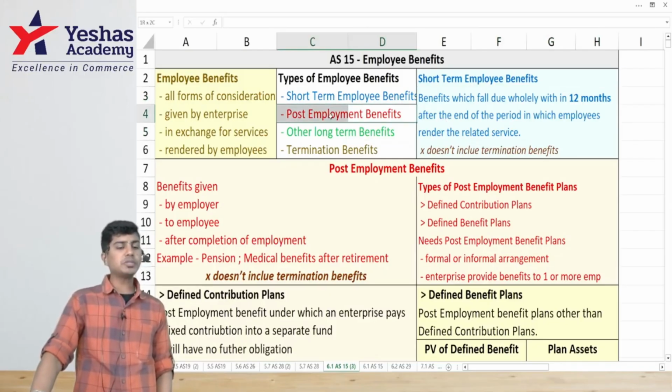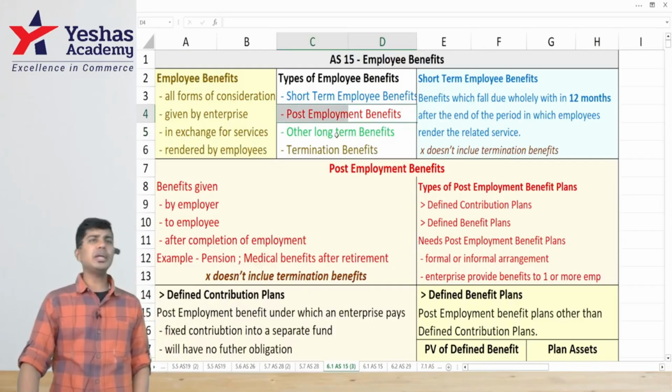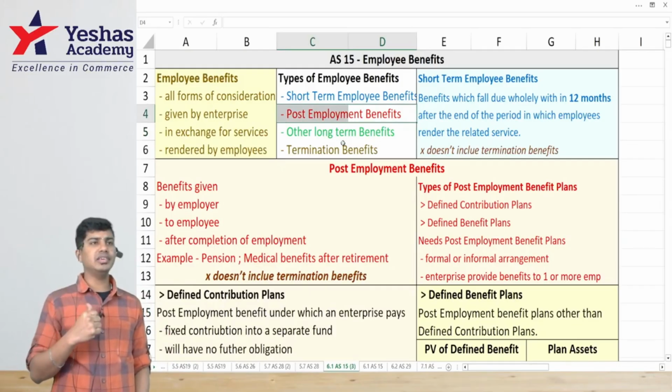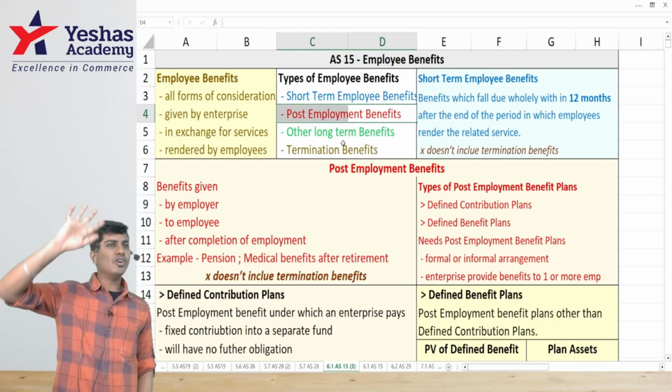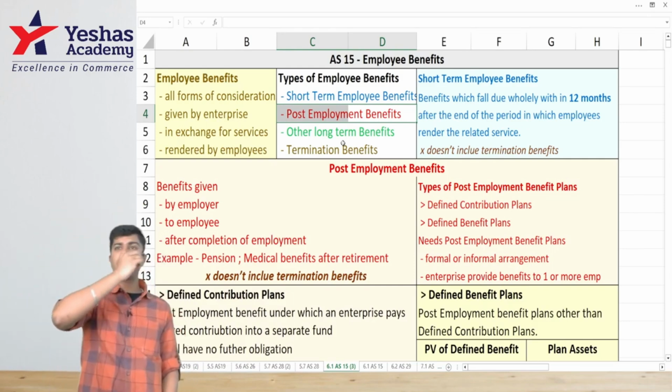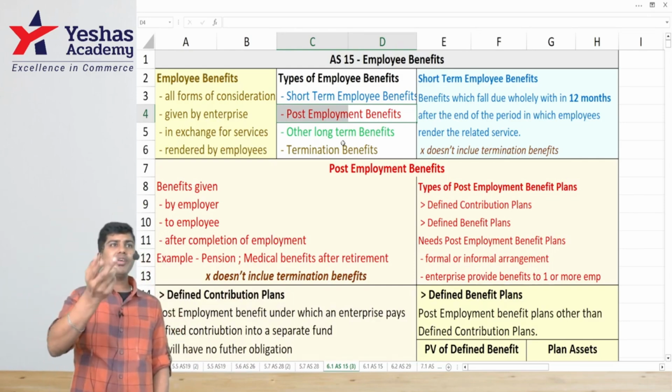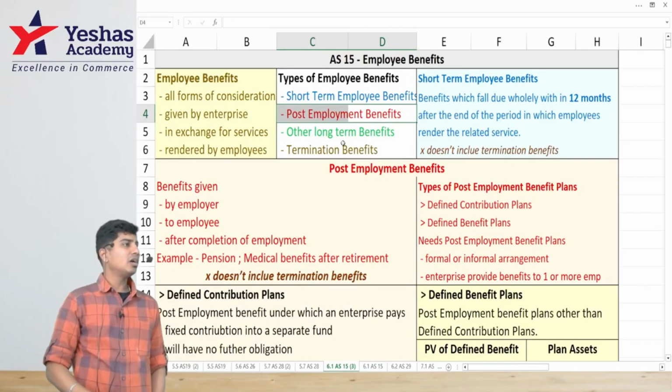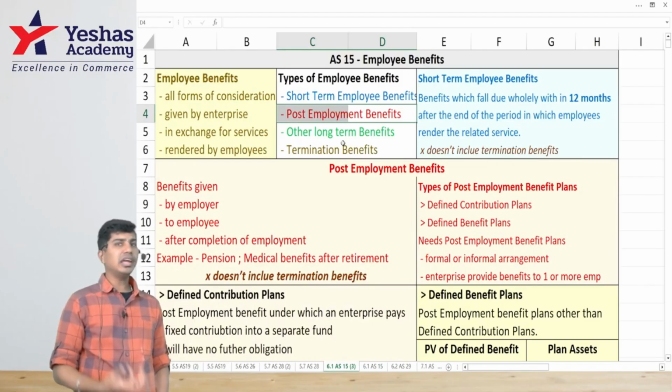Next, let's understand what is post-employment benefits. Post-employment benefit means, see, now I am strong and healthy. I am taking care of my work and my life. But at the age of 60, 35 years from now, when I retire, I won't be getting salary, no? How would I plan my livelihood?